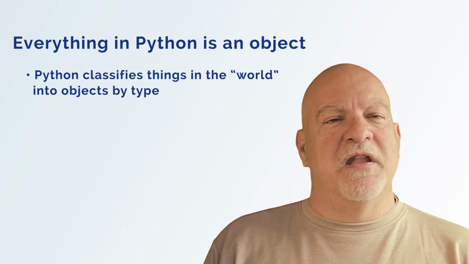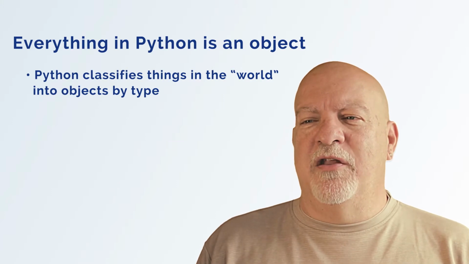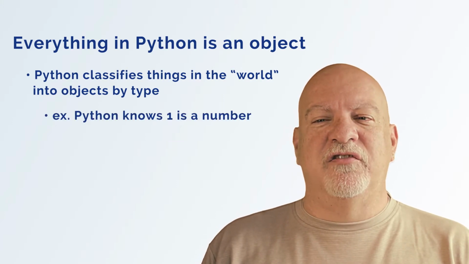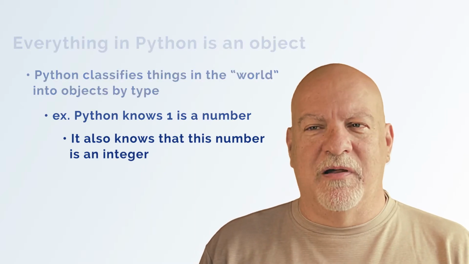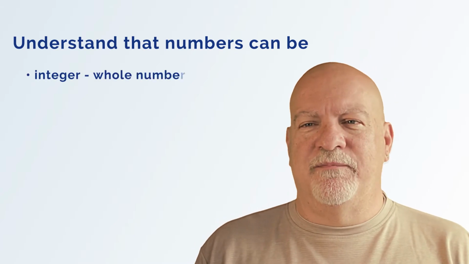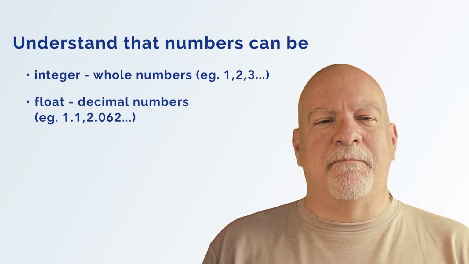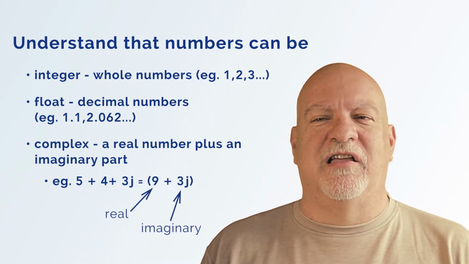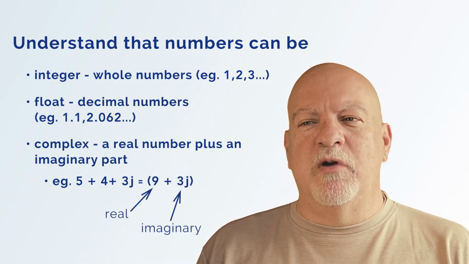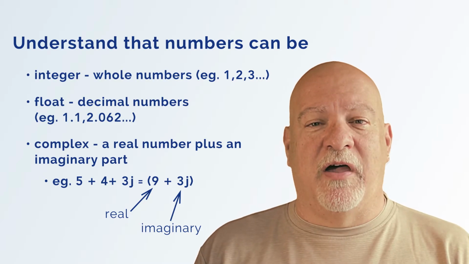So if we type in the number 1, Python knows that it is a number and it can determine if it is an integer, floating point, or complex number. That's a number with a real part and an imaginary part. What's important here is that Python makes that determination without you having to tell it. This is the part that really simplifies programming in Python.